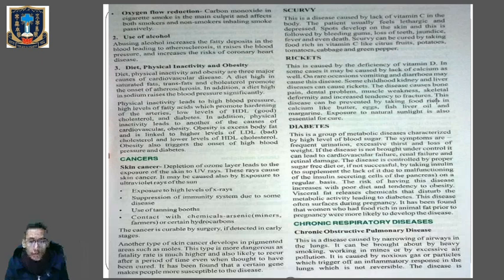Exposure to ultraviolet rays of the sun, exposure to high levels of X-rays, suppression of the immune system due to some diseases, using tanning booths, and contact with chemicals like arsenic or certain hydrocarbons will bring changes in our cells, and there will be abnormal proliferation or abnormal multiplication of cells, which will lead to the formation of a tumor, and that will lead to cancer also. And we have two types of tumor. We'll learn the details in class: benign tumor and malignant tumor.